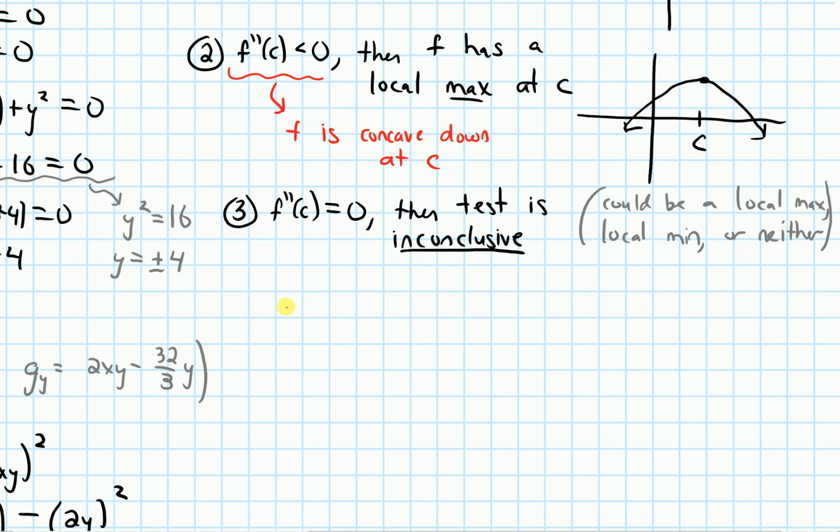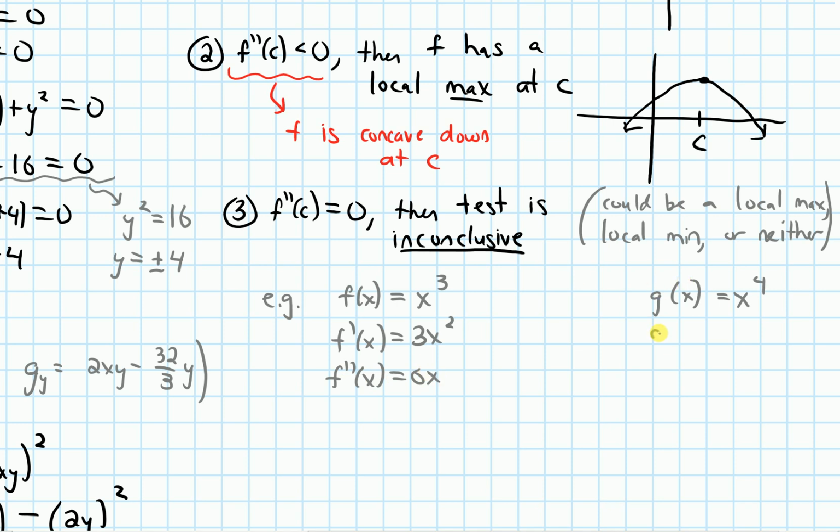As an example, to see why this is the case, let's look at two functions. Let's say that f of x is x cubed, and let's say that g of x is x to the fourth. I'm going to take derivatives and second derivatives of each of these. For f, the derivative is 3x squared, and the second derivative is 6x.